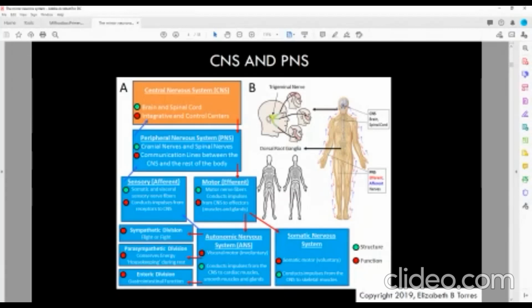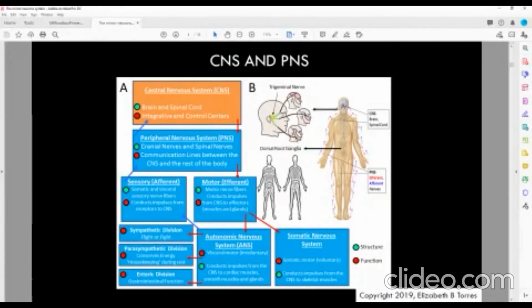In terms of these peripheral systems, you have the sensory afferent, the motor efferent. You have motor nerve fibers that conduct impulses from the brain to the muscles in the body. And you have from the CNS to the end effectors like the hand and the feet, muscles and glands that are innervated, and the information in the red arrow flows in that direction.